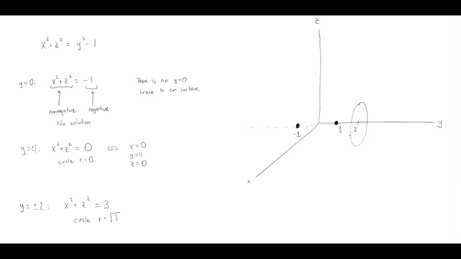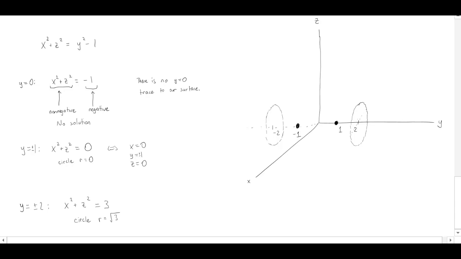And we have the exact same thing for y equals negative 2. So if I go out here, where y is negative 2, we should have the same figure. I'm going to try to draw it. Well, that's pretty good, I suppose. And then as y keeps getting bigger, the only thing that does is give us circles of larger radii.